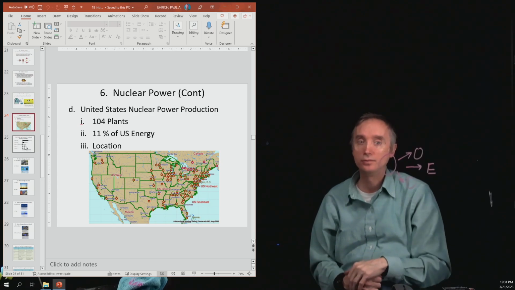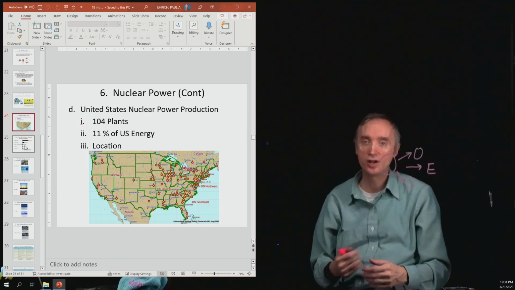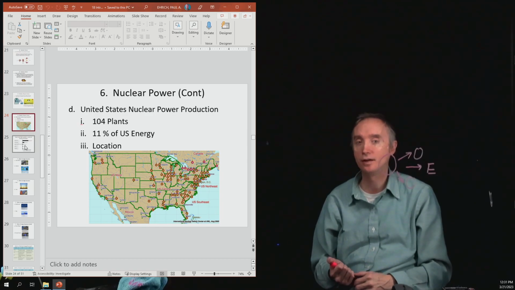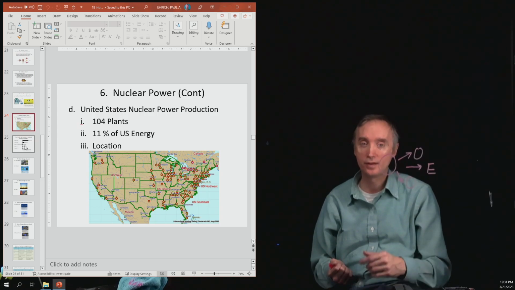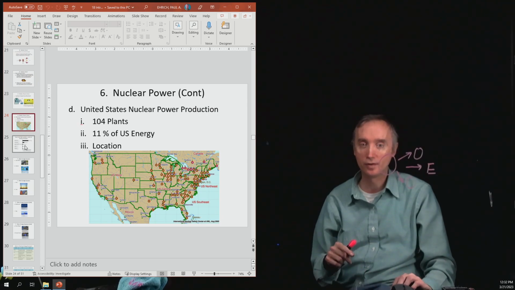So how many nuclear power plants does the United States have? Currently we have about 104 power plants, and they generate about 11% of the energy that the United States uses. That shows where they're located, and you will notice that some of them are located in bad areas.